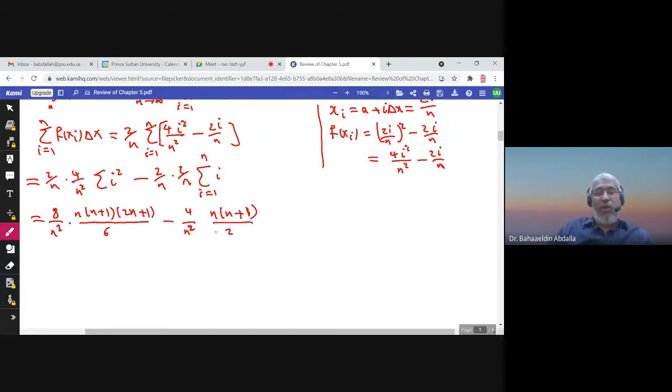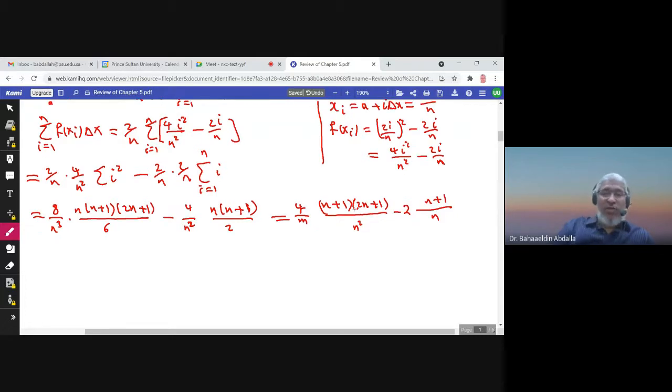Okay, and n cancels with n cubed here. 8 over 6 is 4 over 3. So I have 4 over 3, and I have here (n plus 1) times (2n plus 1) over n squared. And here 4 over 2 is 2, and n over n squared, there will be 1 n here, and I have n plus 1 here.